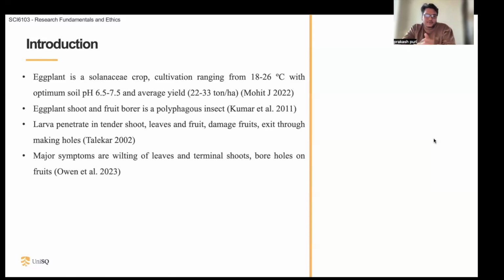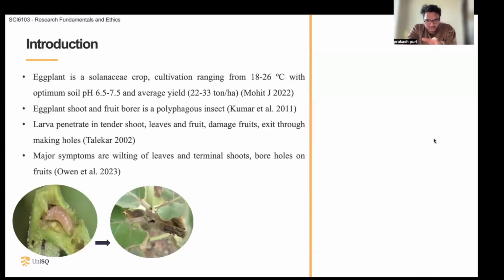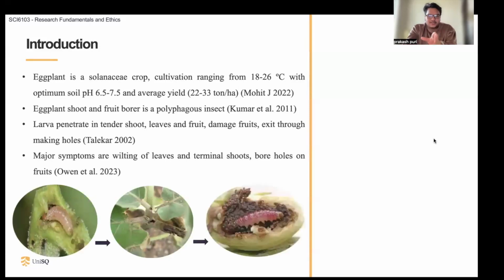The major symptoms of damage are wilting of leaves and terminal shoots, and we can also clearly see bore holes on the fruit. From the picture, we can see an insect larva penetrating inside the shoot, and the infested shoot. And this one is a larva that has penetrated inside the fruit and damaged the eggplant fruit.